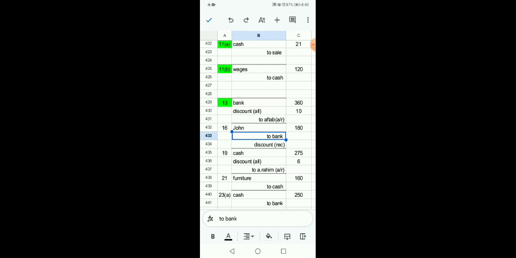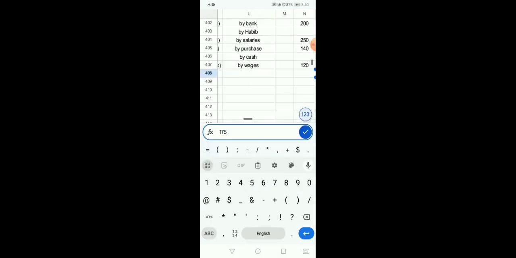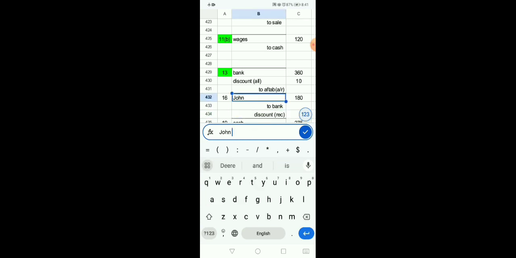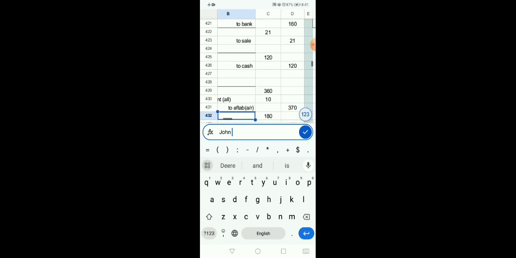First step is to see bank, which is credited by 175. Go to the credit side of the bank and write down 175 over here in the bank column. Now see what its reference is. That is John. Now here the matter is being repeated for bank and discount. Reference is the same, John.